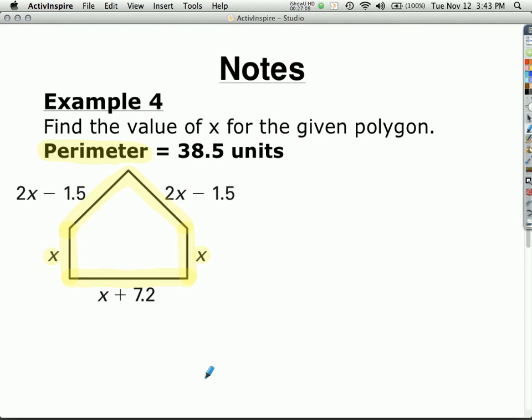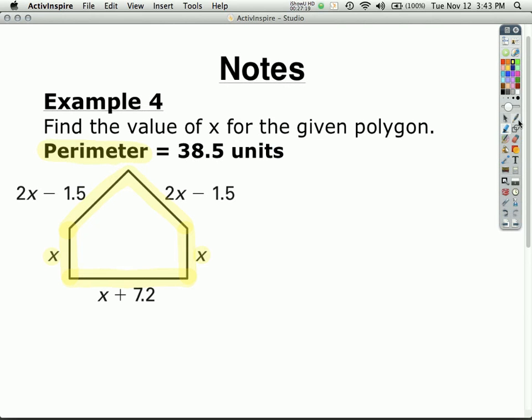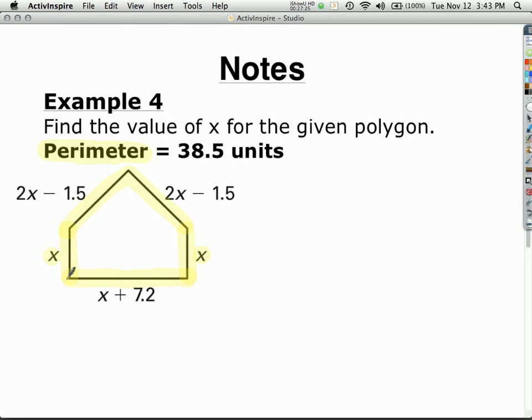So now, if I want to find the missing value, and I know the total distance, and I know how to add, then we just write it all out. So now you're going to be writing along with me. It's a total distance, so it actually doesn't matter what corner you start on. So let's just start right here and work our way around. So this distance is x.